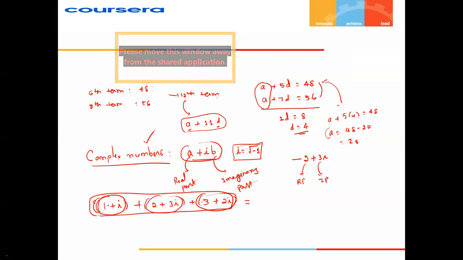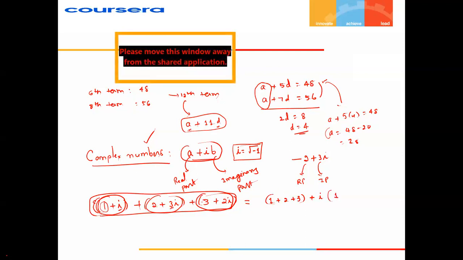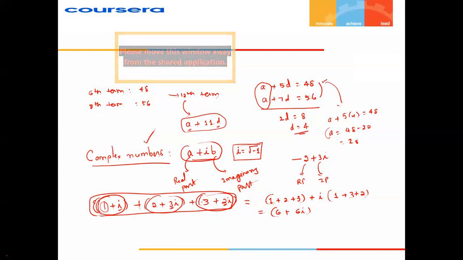First, add the real parts: 1 plus 2 plus 3 is the real part. Plus i into the sum of the imaginary parts. The coefficients of i are 1, 3 and 2. So we get 6 plus 6i. This is just like what we do with our regular numbers, but we group all the real parts together and all the imaginary parts together.